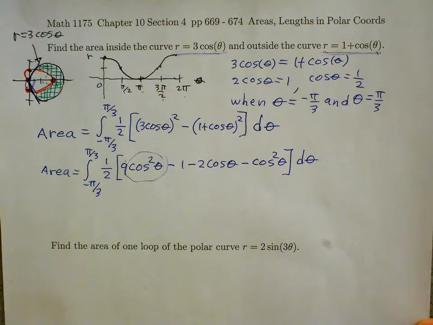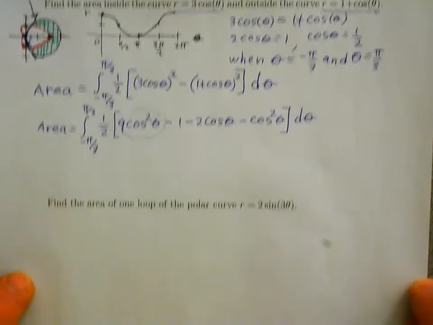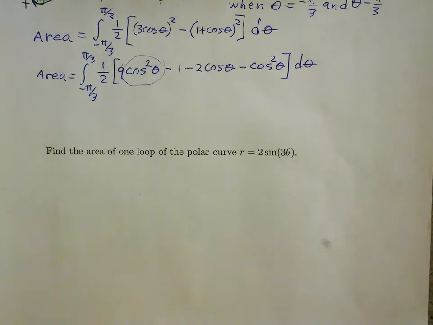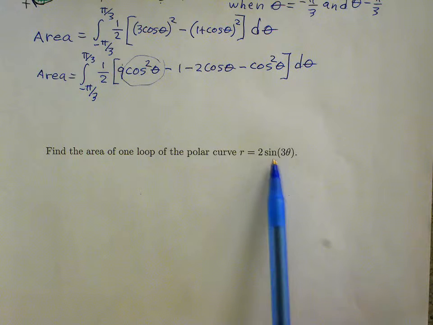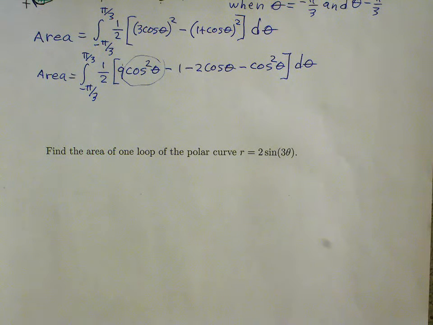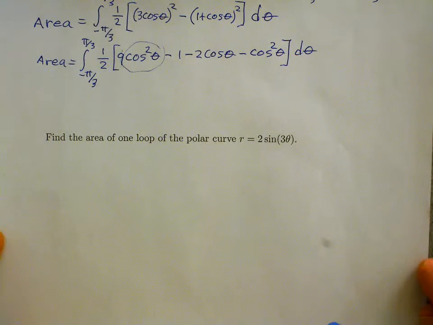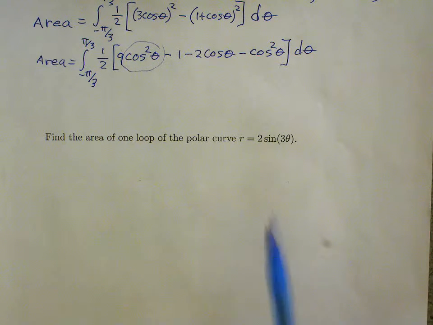Okay, on the next one, let's find the area of one loop of the polar curve r equals 2 times sine of 3 theta. So how many loops will this polar curve have? Yeah, it's going to have 3.